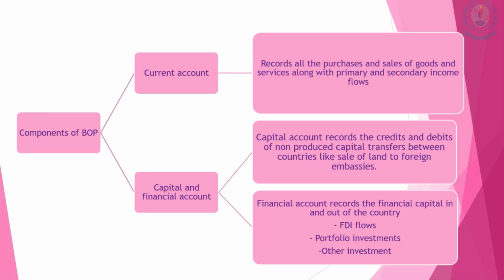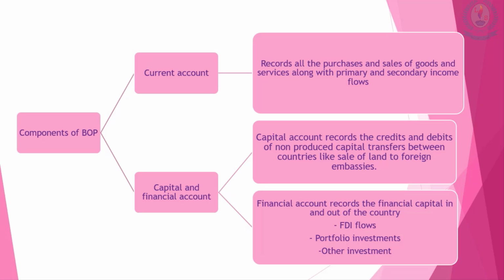Let us now look at what capital and financial account represents. Capital account records the credits and debits of non-produced capital transfers between countries like sale of land to foreign embassies and also sale of shares.